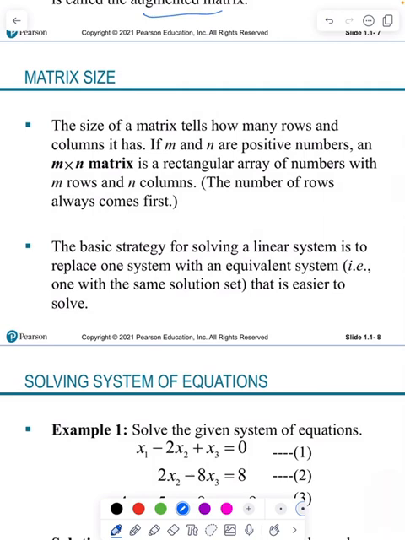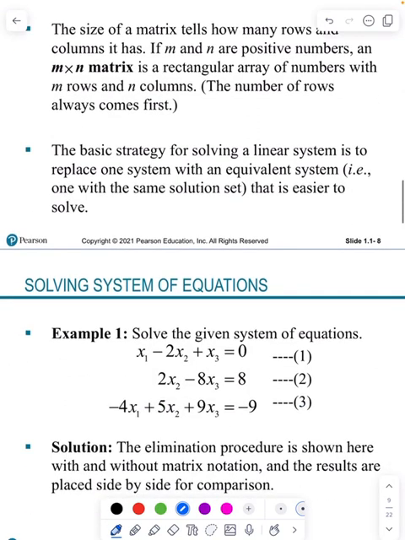The basic strategy that we will adopt here to solve a linear system is to replace one system with an equivalent system that is easier to solve. We have the system of equations which we can solve by using the elimination technique that I showed you earlier.